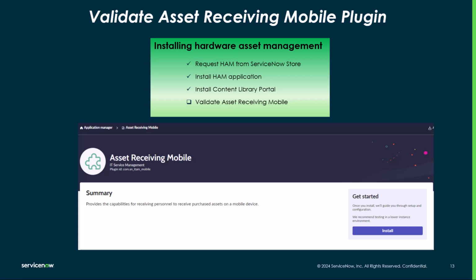Most times this plugin is going to already be installed in your instance, but you are going to want to make sure it is, because it will allow you to use features like the mobile agent app, which allows you to do things like audits and asset lookups, so that's via mobile. So it's a very, very handy application to have in, and does provide a lot of benefits.